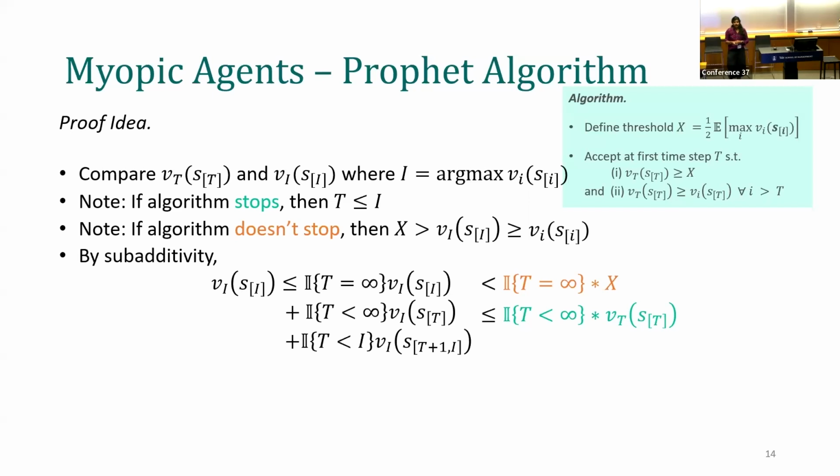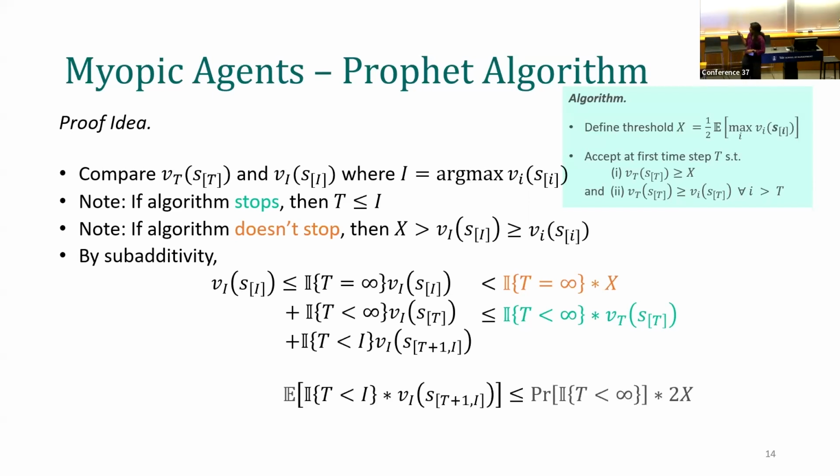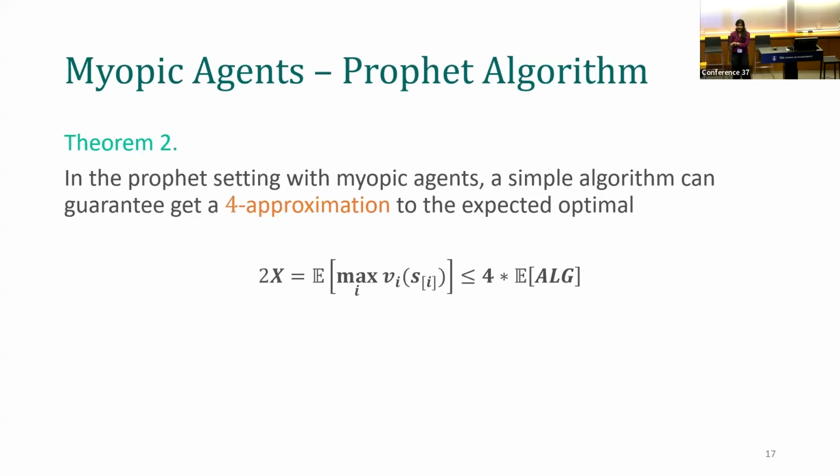So using these two things, and also with not that much effort, we can bound the third term in expectation using the independence between the signals we've seen so far and the signals we have not even seen when we stop. We are able to do a little bit more algebra that I'm not going to show you, and show that we can bound the expected value of the algorithm by 1/4 times the expected value of the optimum. Okay? So that is our main positive result.